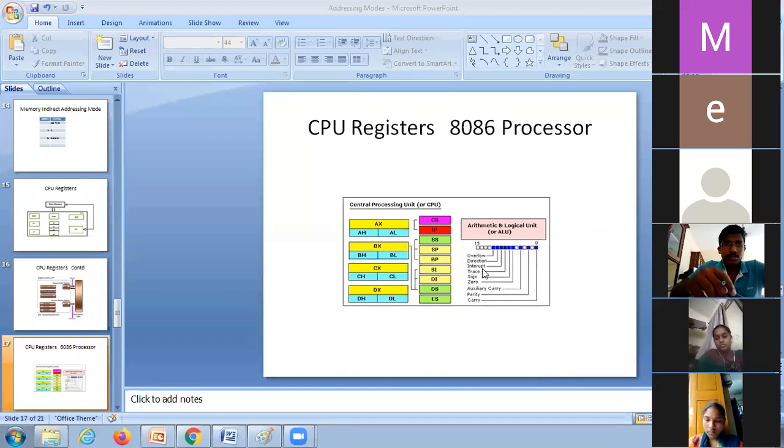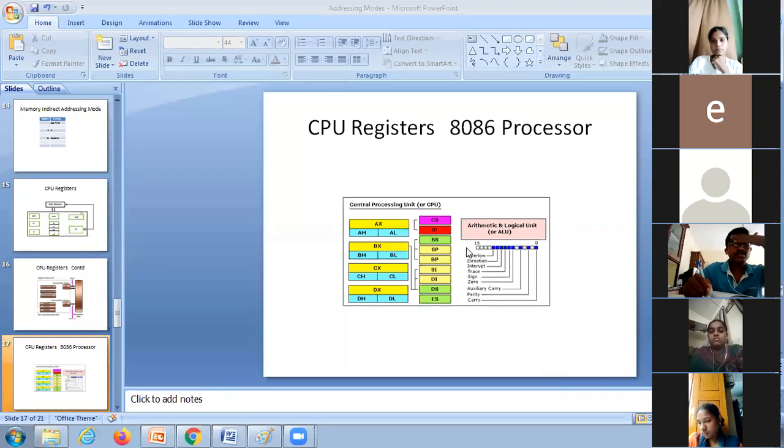This is the program status word or flag register. It contains one bit related to carry, one bit related to parity, and so on. This is another important register which is available in all the processors: the flag register or program status word. These are the register set.